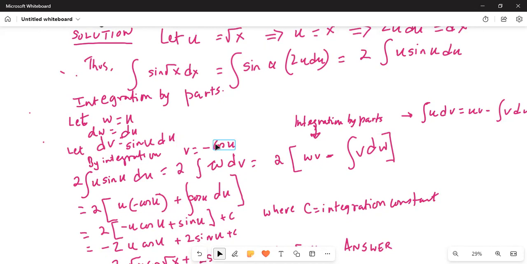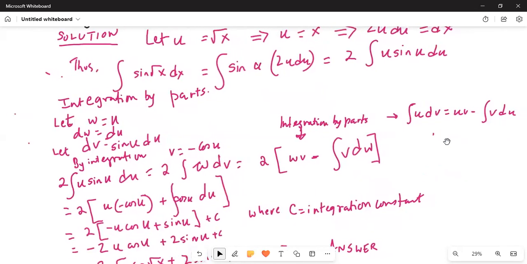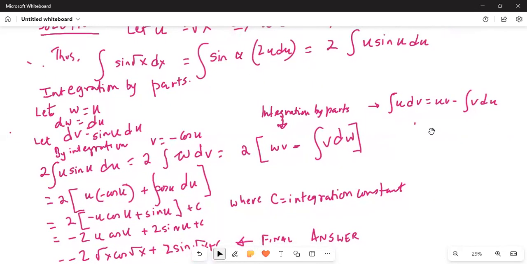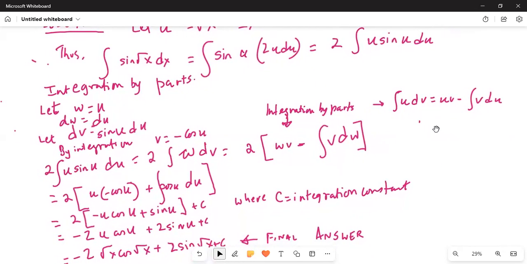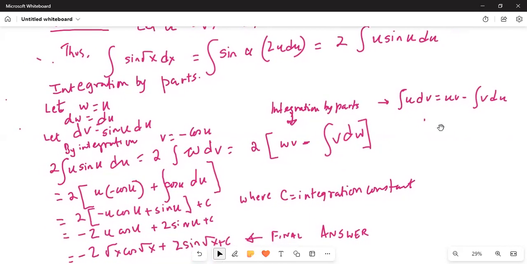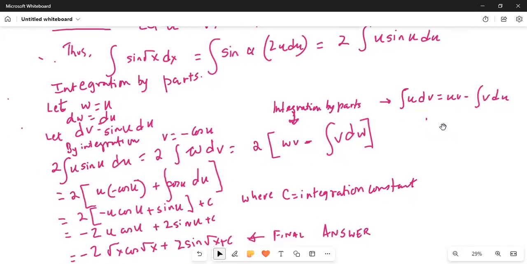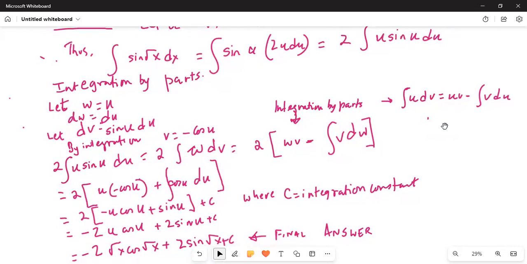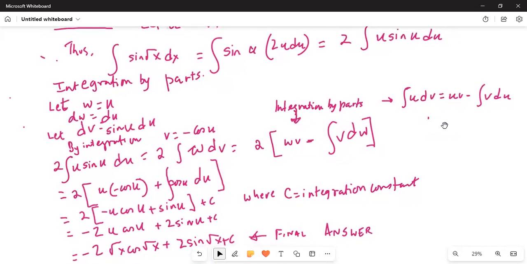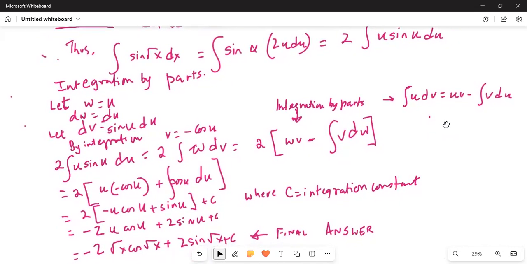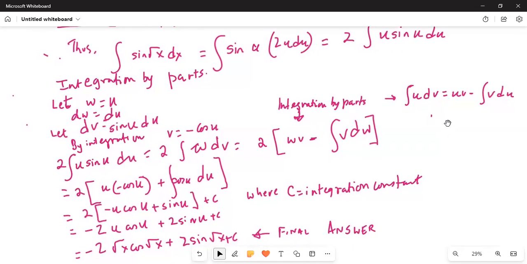Then I use integration by parts. The formula is the integral of u dv is equal to uv minus the integral of v du. I substituted w is equal to u, dw is equal to du, and dv is sine u du, so by integration v is equal to minus cosine u.